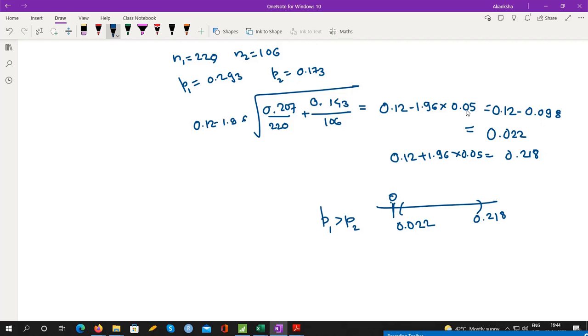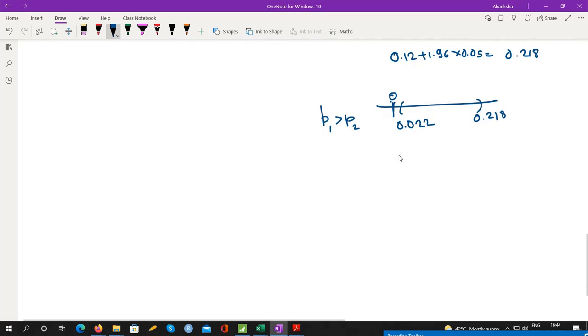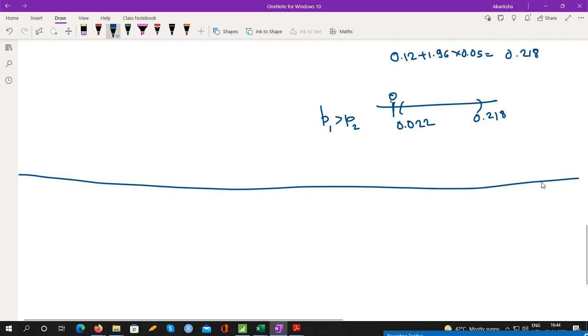Now, this is for difference between proportions. Similarly, now we have to compute for difference between means, because sometimes we may be interested in the difference between means.